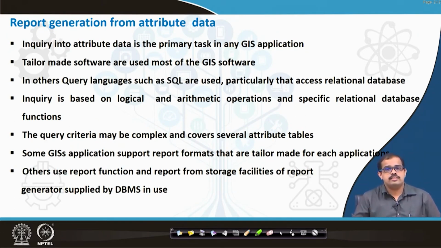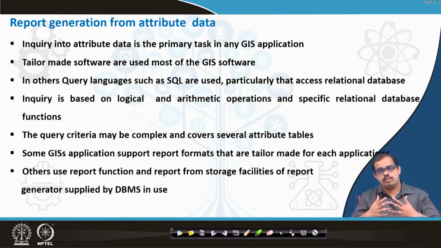Some GIS applications support report formats that are tailor-made for each application. So, there are a lot of customized software. For example, ArcGIS has a lot of flavors when you want to generate a report for a specific application. If you are reporting for an urban application, your report generation is completely different from when you are reporting for a hydrological application.